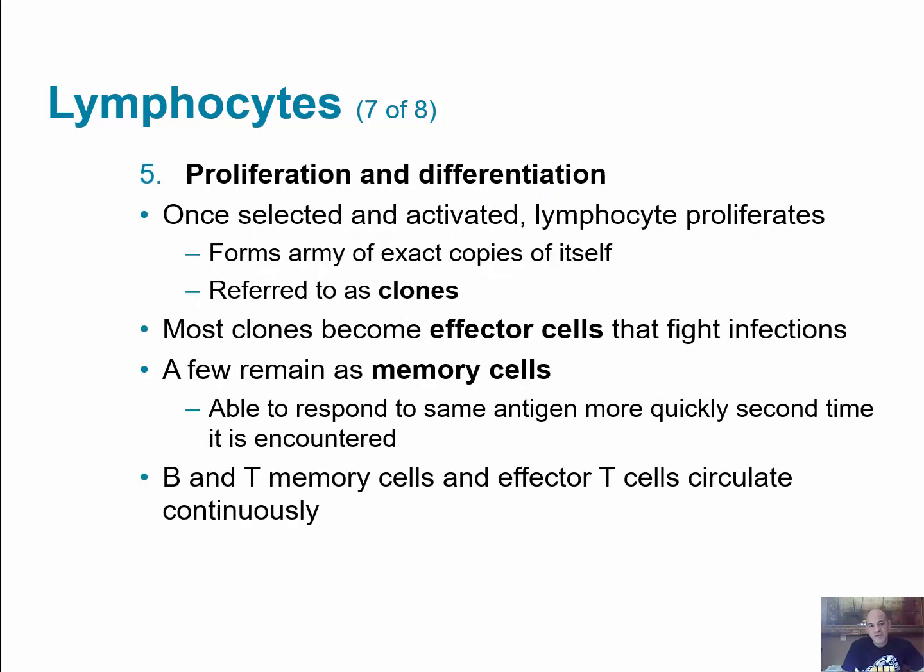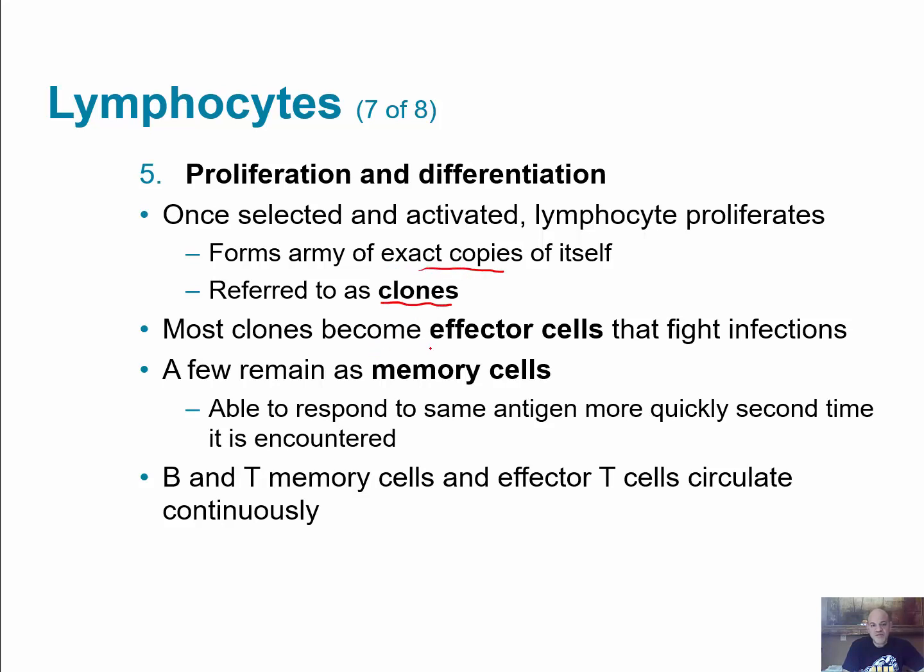The next step after the differentiation occurs, the activated lymphocyte would go through divisions and proliferation and further differentiation. So we're going to now make a bunch of exact copies, and we're going to refer to those as clones.